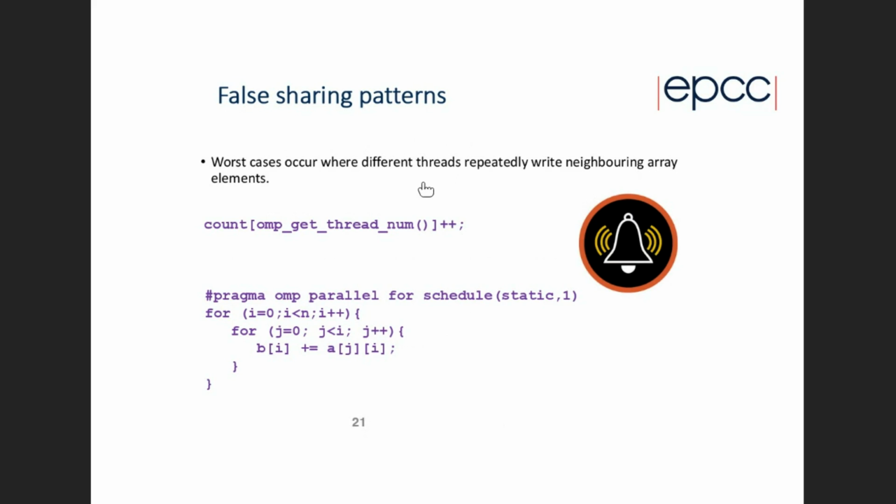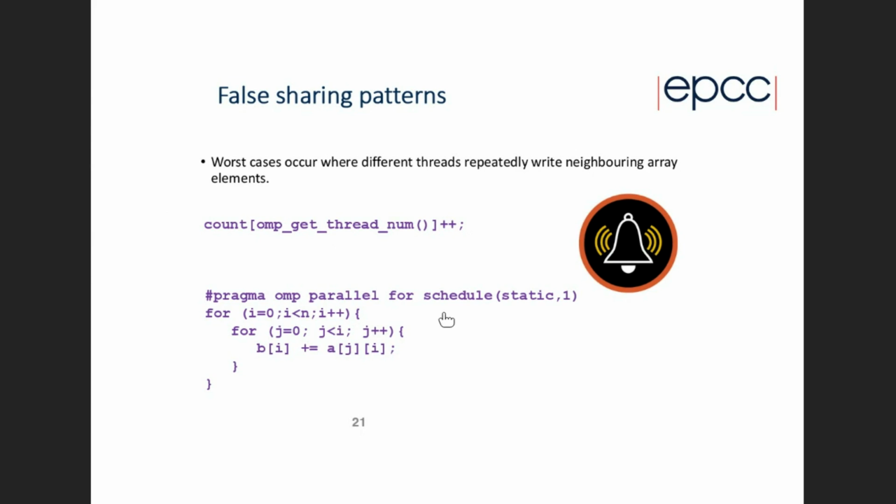The worst cases happen where you have threads repeatedly writing neighboring array elements. For example, if you declare an array and index it by your thread number. If you wanted to count something that's happening on every thread in a shared array, and these updates are sufficiently frequent, then this will cause a load of inter-cache communication traffic.